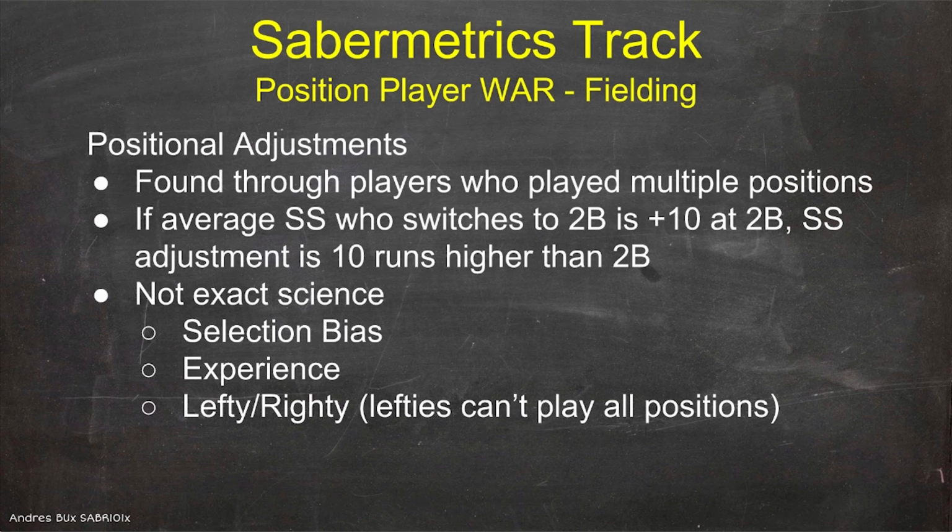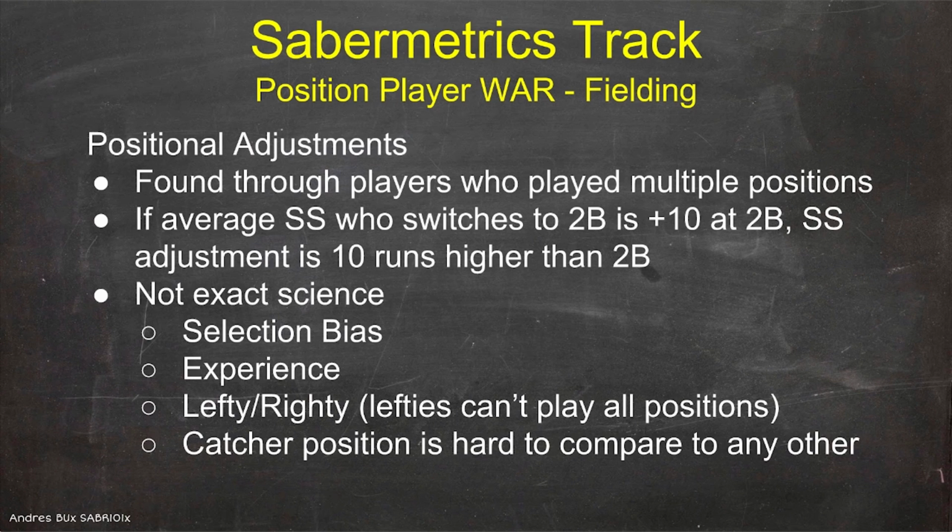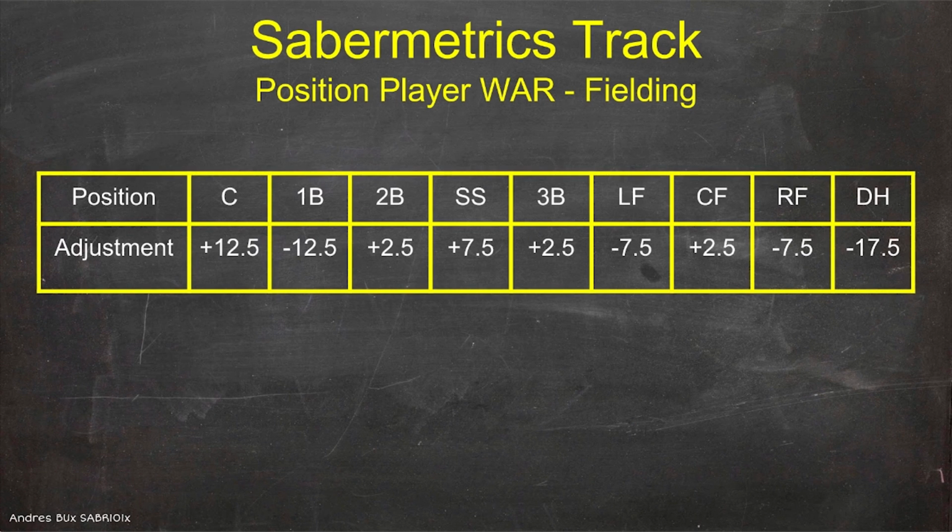There's positions on the field that don't really allow left-handed throwers, particularly second, short, and third. You don't see left-handed throwers at those positions, so there's no real comparison for a player who throws left-handed. And since catcher is such a difficult position and so highly trained, catchers don't really swap positions as much as other players.